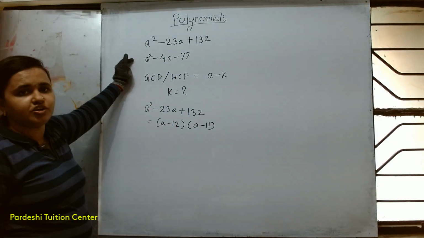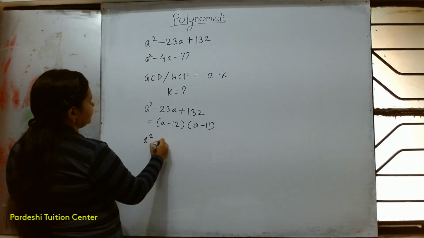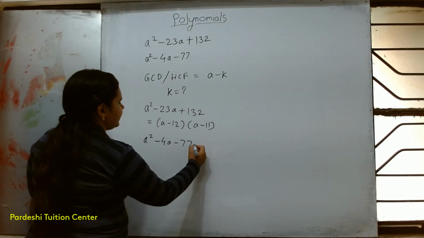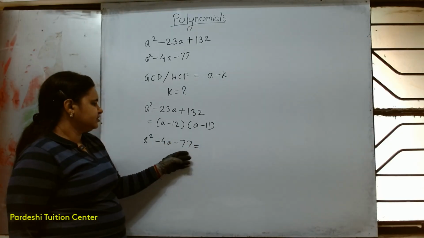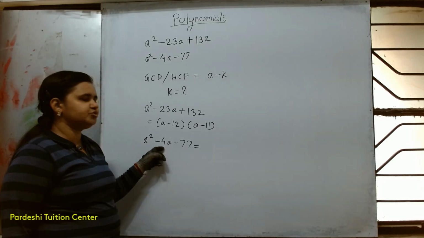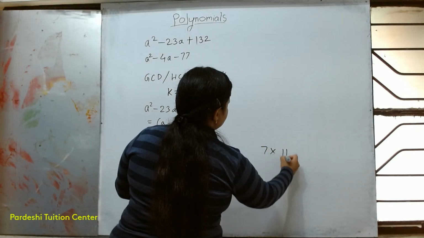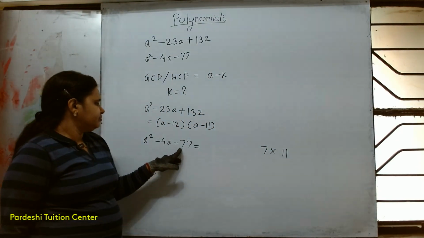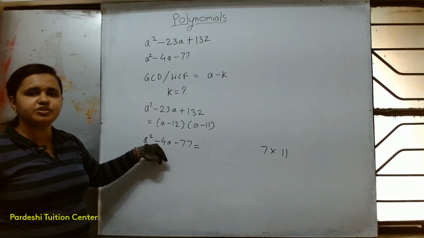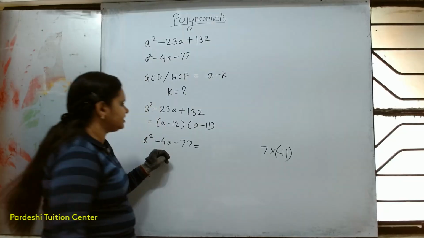Now the second polynomial is this one, a square minus 4a minus 77. I have to find the factors so that the multiplication should be minus 77 and the sum should be minus 4. So 7 into 11 is 77, but here it is minus, and the sum is also minus, so the bigger number should be minus, so that the sum comes minus.